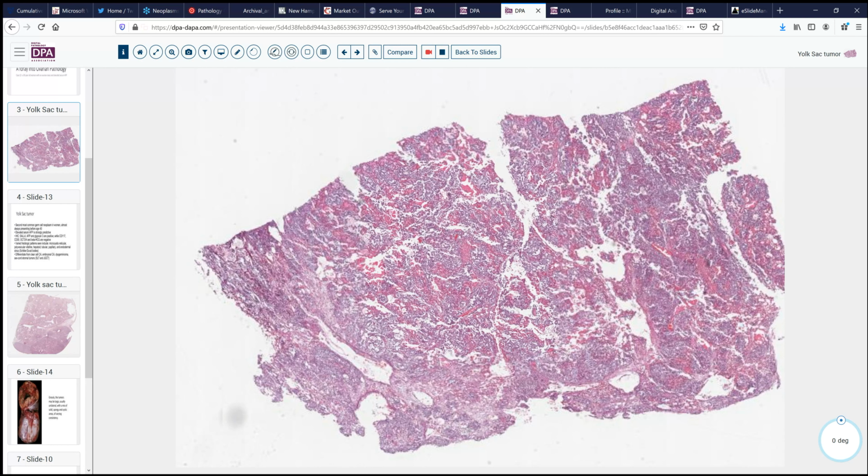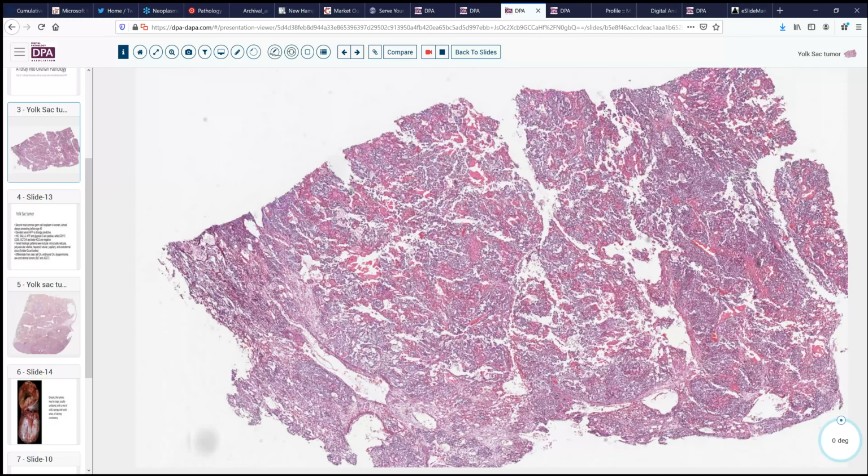So here's a representative section from this tumor. At low magnification, the thing that stands out to me is this fairly loose appearance, intervening areas of hemorrhage and congestion, open vessels, and not very cellular tumor tissue.